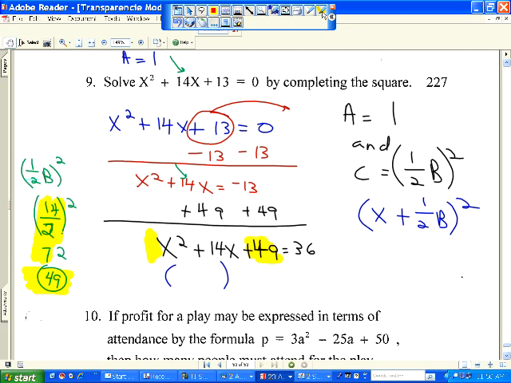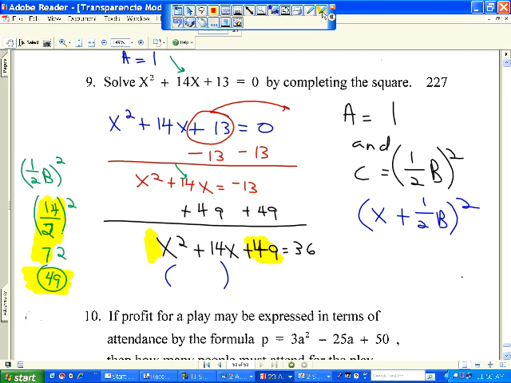So our directions say to make a 1 by dividing by a, move the c to the other side, find out what half of b squared is and add it to both sides. So what'd you do? You got rid of your old c and you made yourself a new c. The new c is half of b squared, which created a perfect square trinomial.